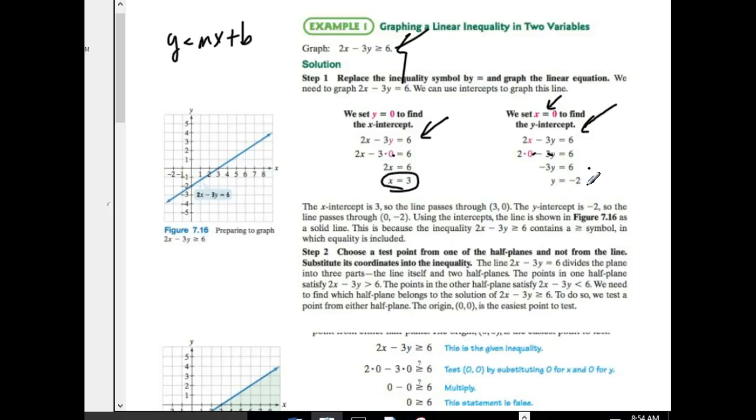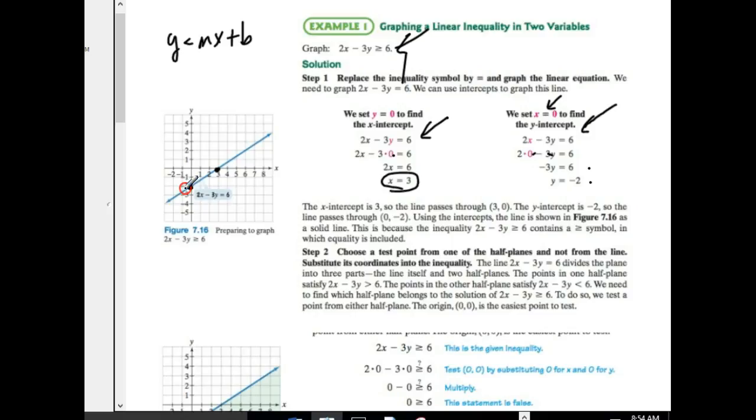So you've got x be 3, so that means (3, 0), which is this point right here. And then you've got y equals negative 2, which is (0, negative 2), or that point right there. When you connect those lines, as you can see they've done there in the blue, that is the line that represents 2x minus 3y is greater than or equal to 6.